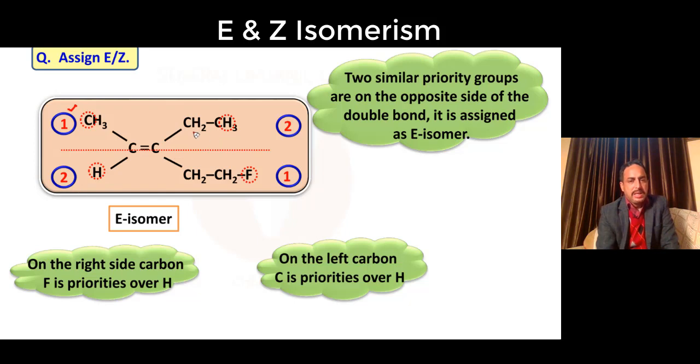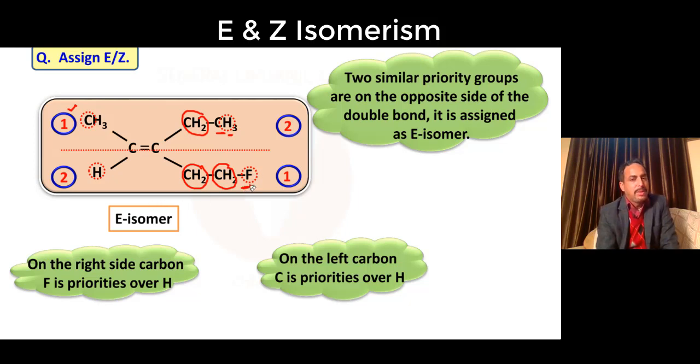Similarly in the right hand side, CH3 CH2 CH2 CH3. So these 3 points of attachment are common. Now again here up to this CH2 group, here also CH2 group, same point of attachment. Here the last atom is hydrogen, whereas here the last atom is fluorine.